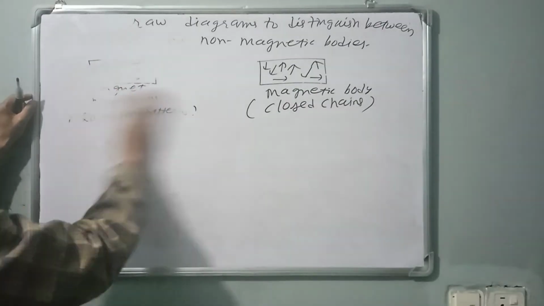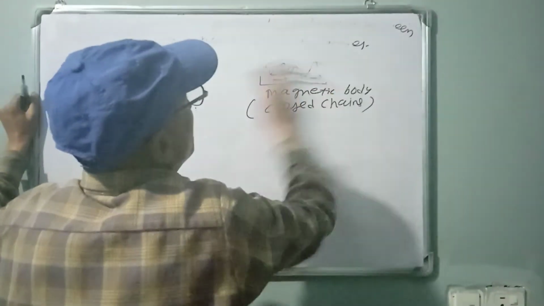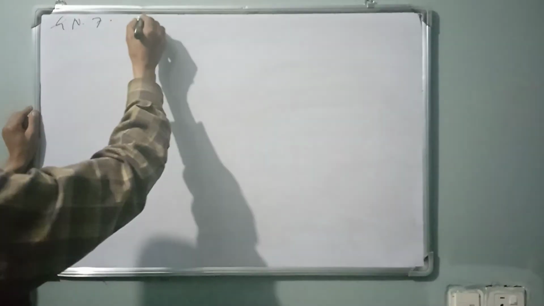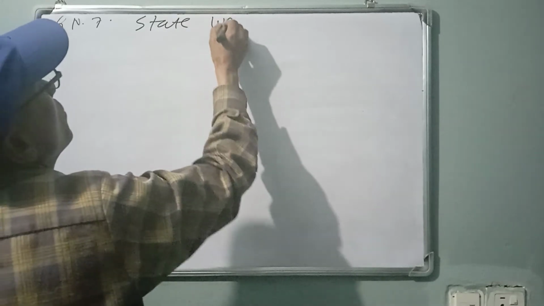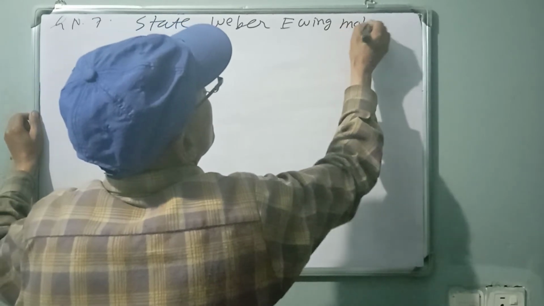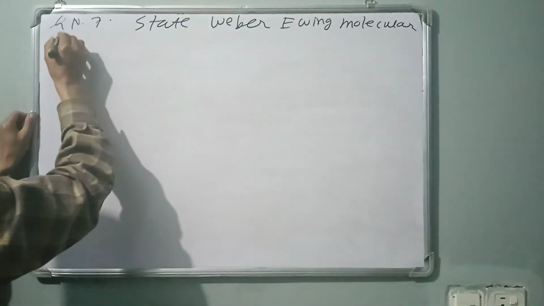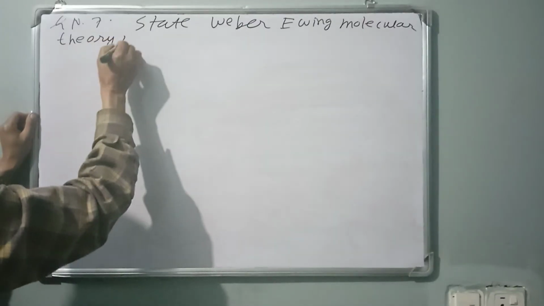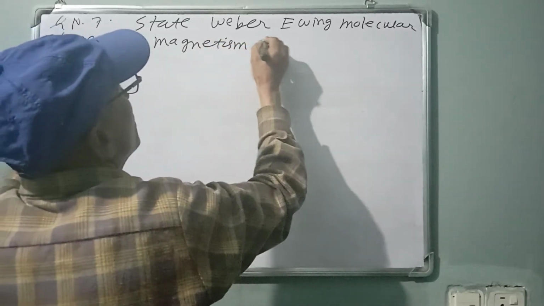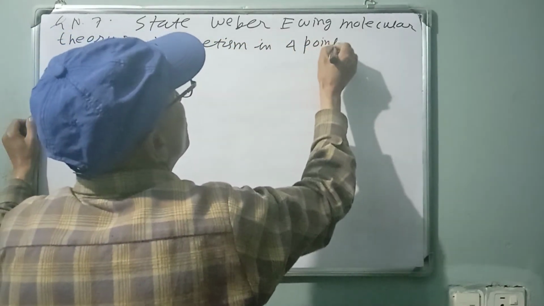Question number 6. Question number 7. State Weber-Ewing molecular theory of magnetism in 4 points.